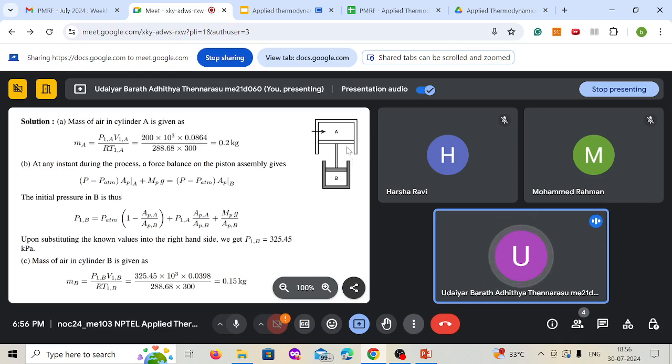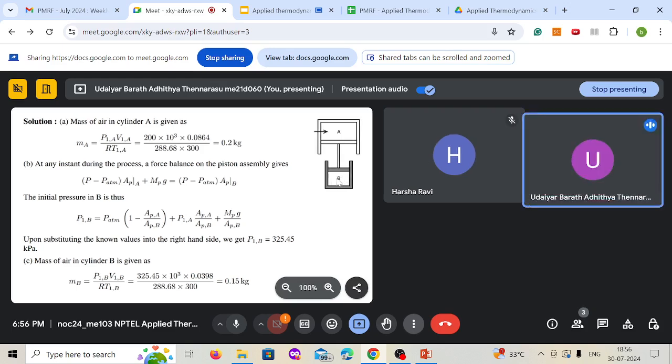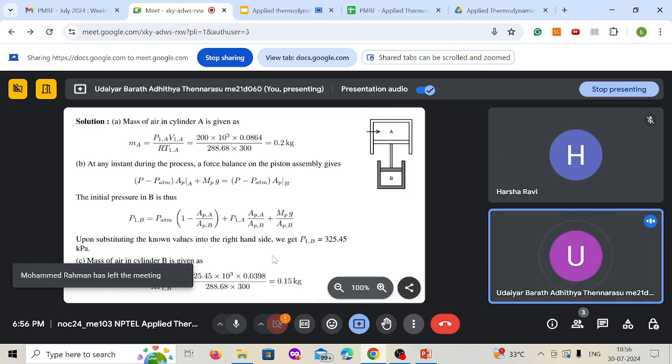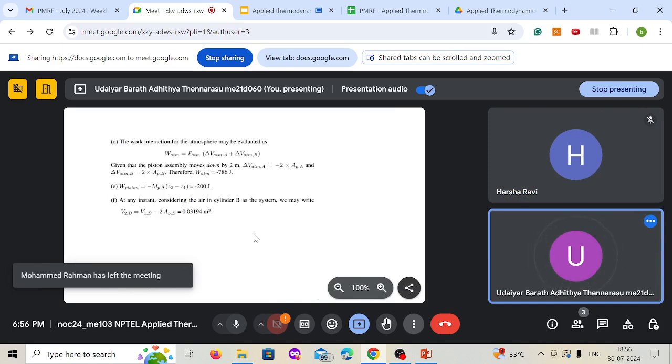Here you have to be careful about how the pressure is acting on the cylinder. Atmospheric pressure is acting upwards in cylinder A and downwards in cylinder B, and you are doing a force balance. This is the expression you get, and then you rearrange it to find the initial pressure in cylinder B. Using that and the given specified volume and temperature, you found out the mass, and then you estimated the individual work done for atmosphere and piston, and you found out the volume.